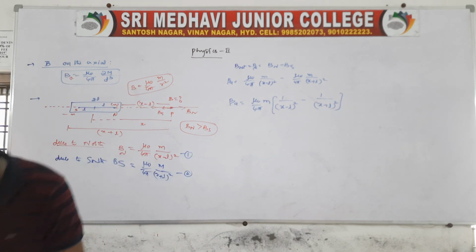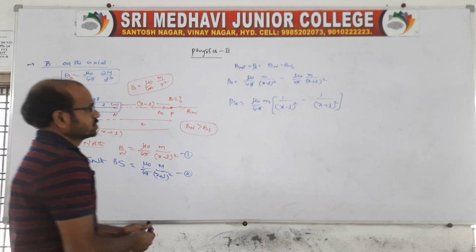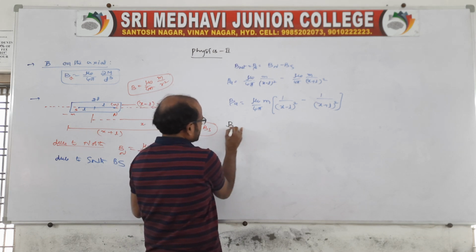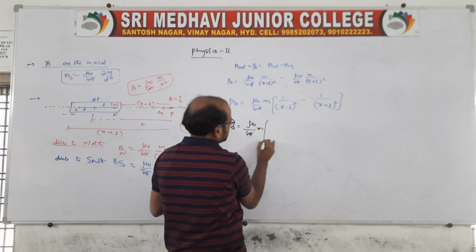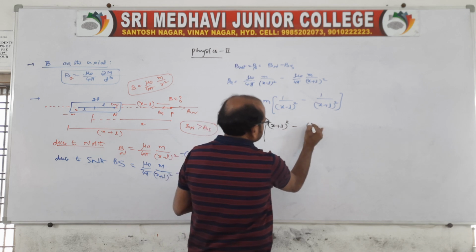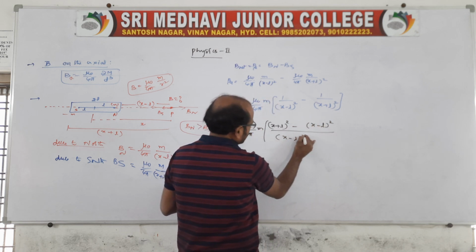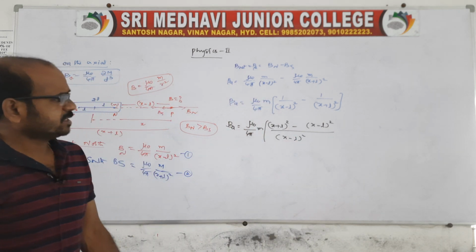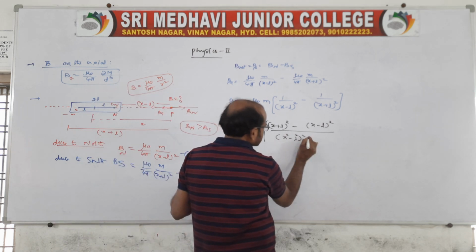Simple derivation and simple calculation, simple mathematical formulas, you need to apply here. So B axial is equal to mu naught by 4 pi m into, now take the LCM, x plus L whole square minus x minus L whole square by x minus L whole square into x plus L whole square. Since it is a minus b into a plus b, it becomes x square minus L square.